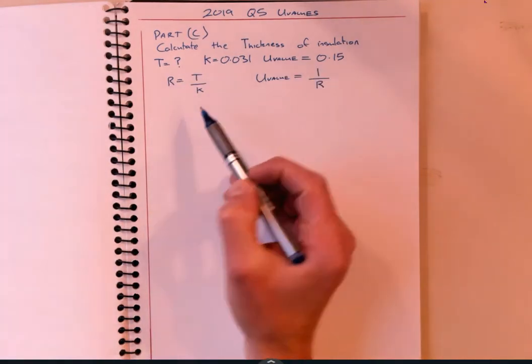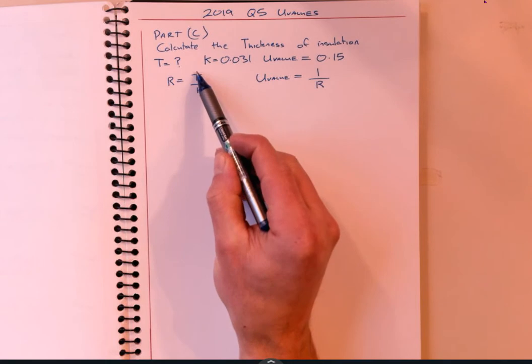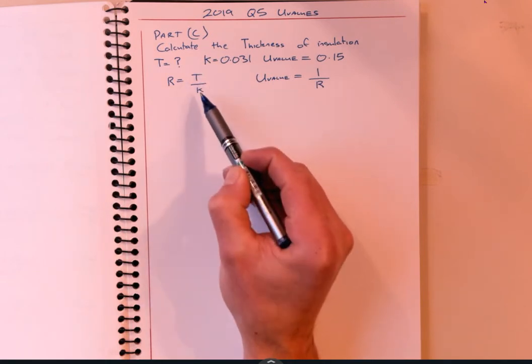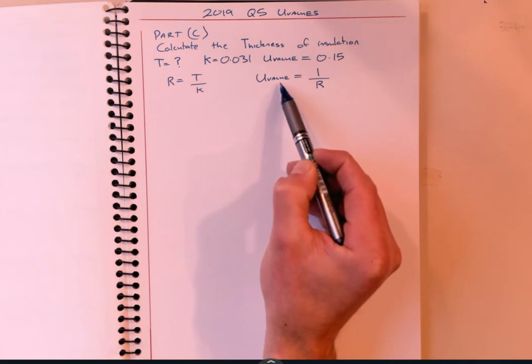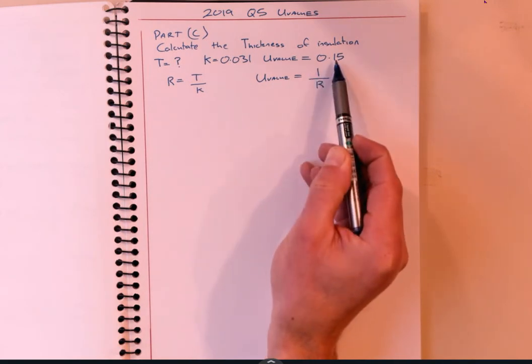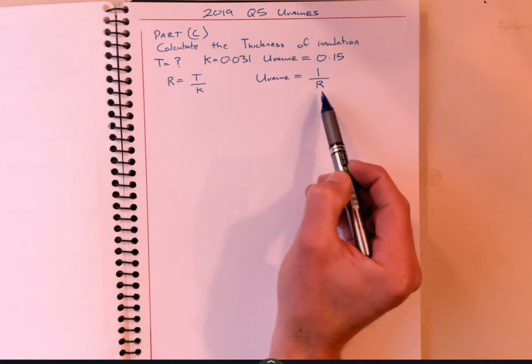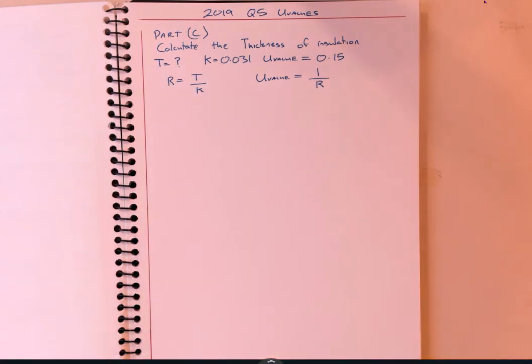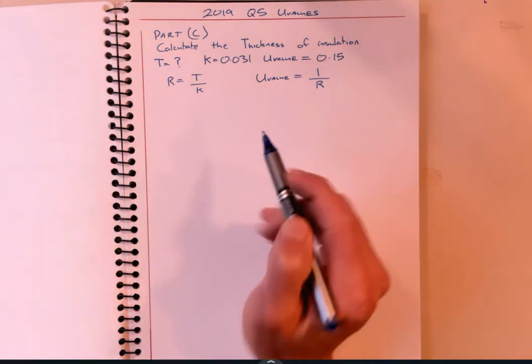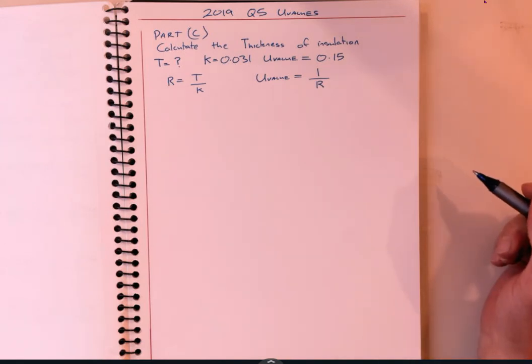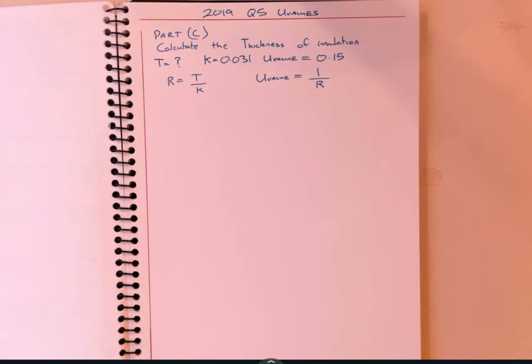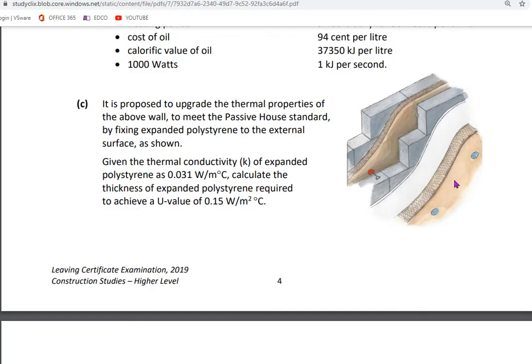As I look at the formulas, I'm trying to work out a thickness value. I have a conductivity value, it was given to me. I have a U value, it was given to me. I don't have R, and R pops up in both of these formulas. So that means I'm going to have to work out R, and that's what this question is all about, working out resistance. Basically what's happening is, in the question, we're sticking insulation onto the wall, and that means we're sticking resistance.